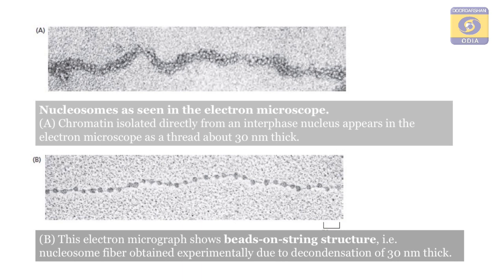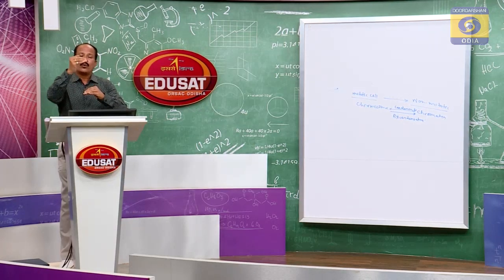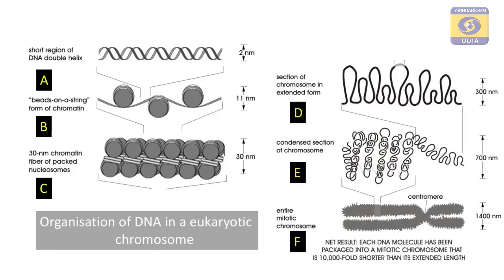When further extended, it gives rise to the beads on a string appearance, which is the nucleosome fiber. The nucleosome fiber is the basic level of organization of chromosomes, and it further condenses to form solenoid, then scaffold, then the mitotic metaphase chromosome, as seen from this diagram. Easily you can understand how the DNA is packaged into higher order organization to give rise to the mitotic chromosome that divides.